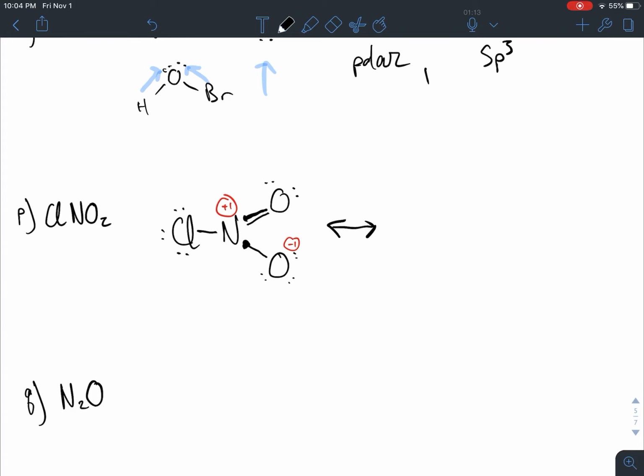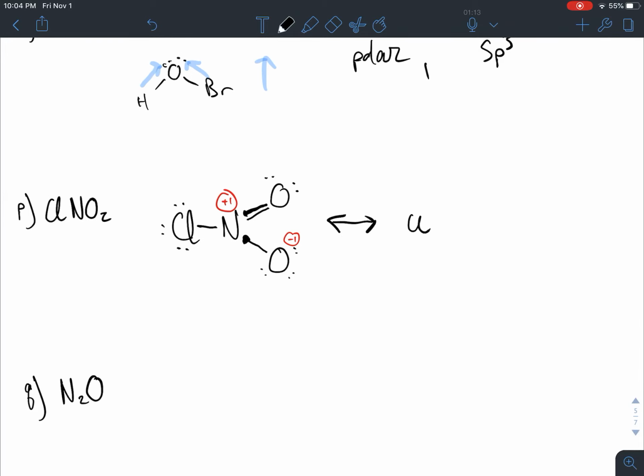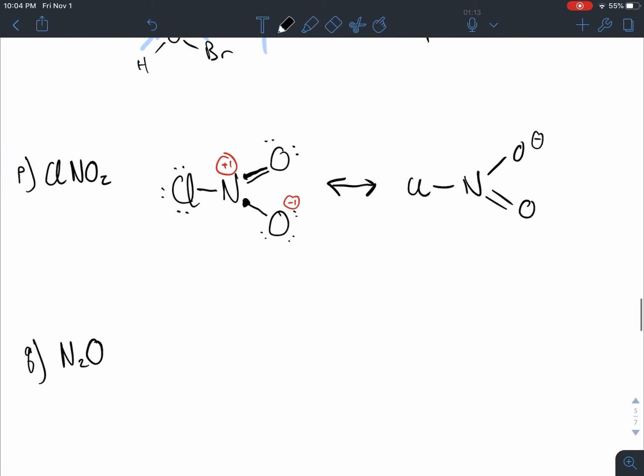And we do that by resonance. What joy, what great joy. And this is what I draw when I'm drawing a resonance structure. I'm not going to draw all the lone pairs again.